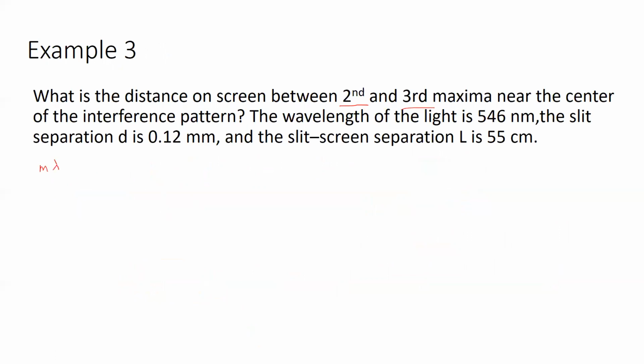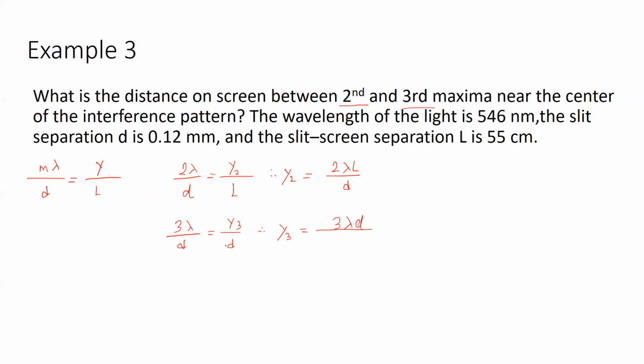Again, immediately we write the formula: M lambda divided by D equals Y divided by L. For the second one, 2 lambda divided by D equals Y second divided by L. And for the third one, 3 lambda divided by D equals Y third divided by L. As a result, Y2 equals 2 lambda L divided by D, and Y3 equals 3 lambda L divided by D.